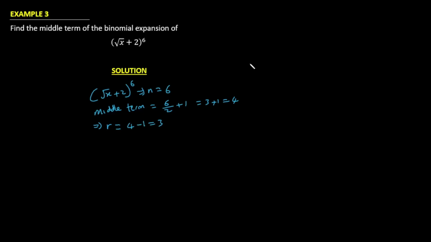We are told that the r plus 1 term is n combination r, a to the power of n minus r, and b to the power of r, where r ranges from 0, 1, up to n. So we have this value.